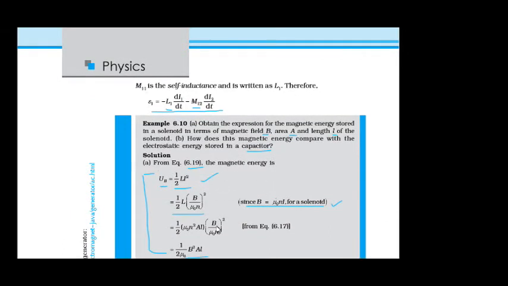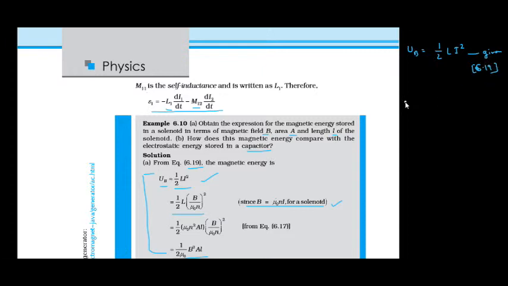Second, B we have put as mu naught N i. So UB is equal to half L i square, as given in equation 6.19.